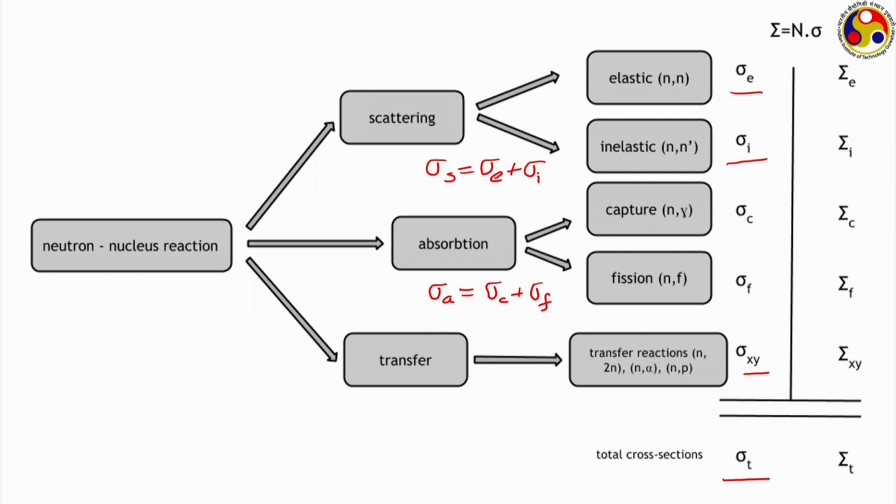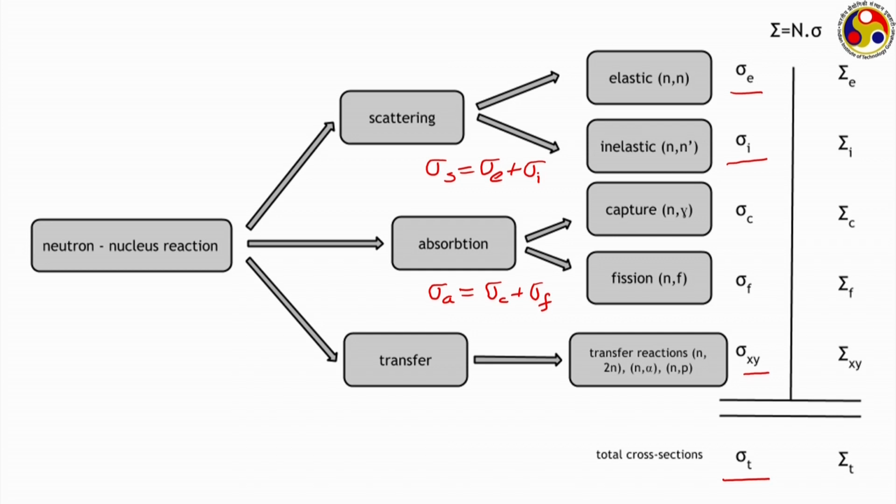Therefore, for any given neutron energy, a nucleus at a particular instant of time can have non-zero values for all the 5. So, exactly which particular kind of interaction will take place depends upon which one is more probable, that is which one is higher.